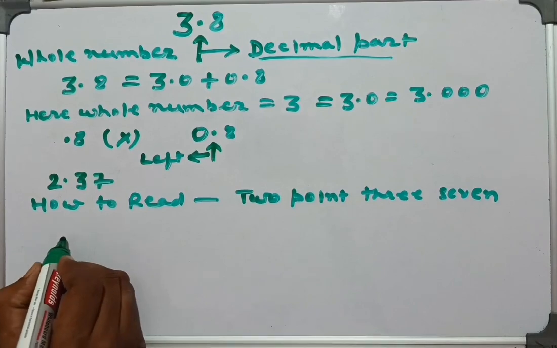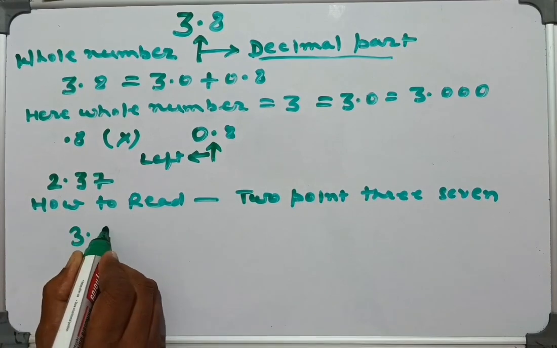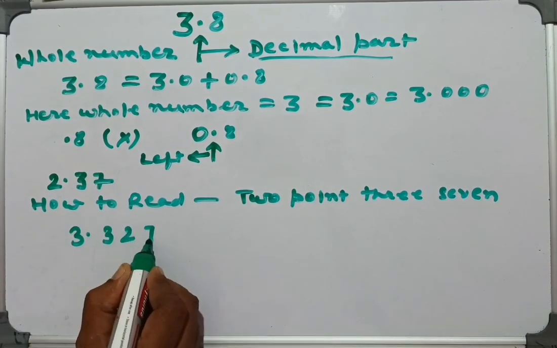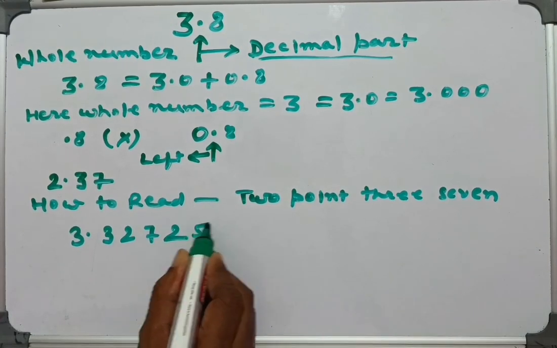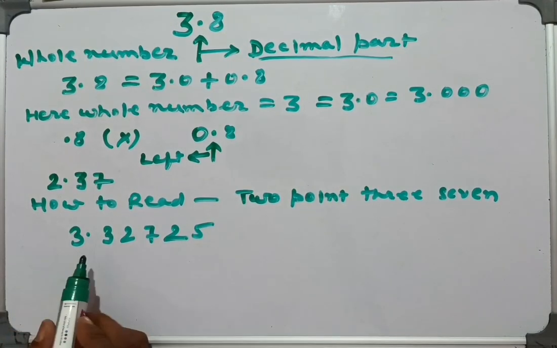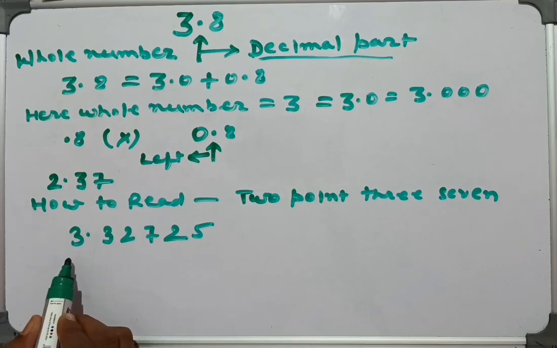Now suppose in examination this decimal number 3.32725 is given to you, okay, now you shall read it.